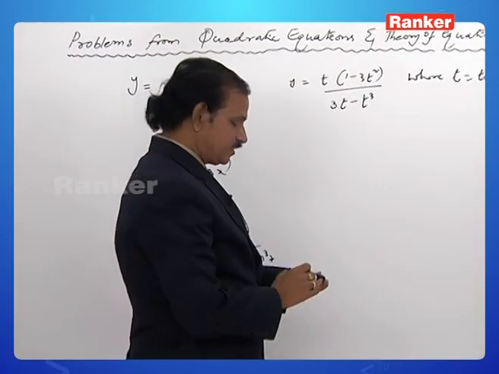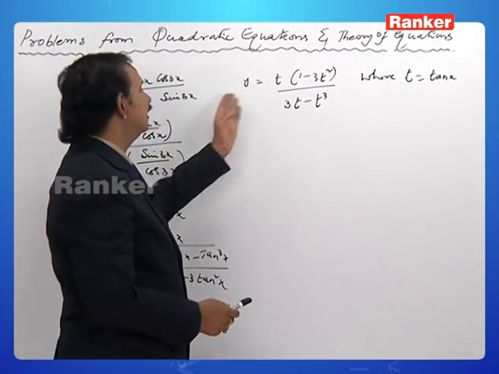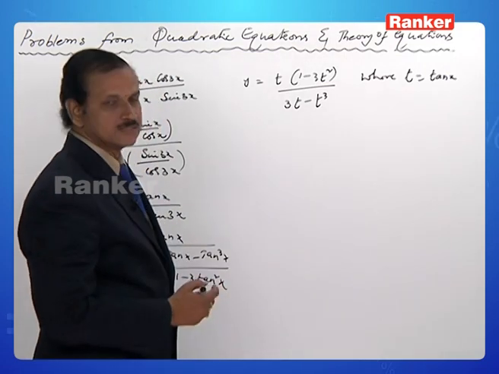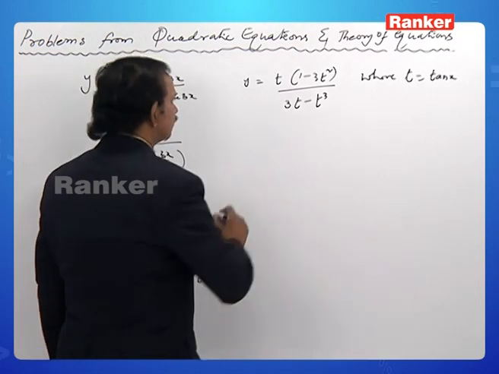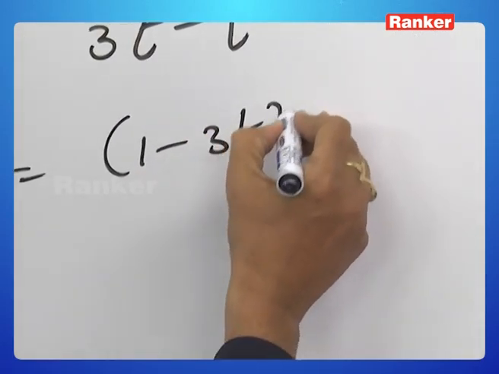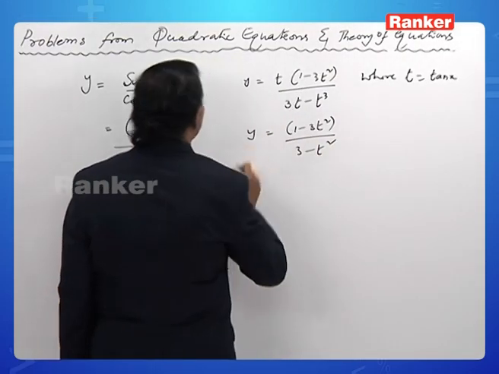For the sake of brevity, I have taken tan x as some t, so that it could be in a simple form like this. Y is equal to t into 1 minus 3t square by 3t minus t cube. By cancelling t again, it is 1 minus 3t square by 3 minus t square. This is your y.